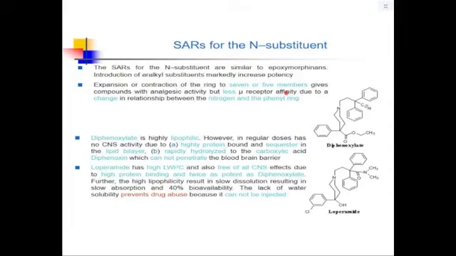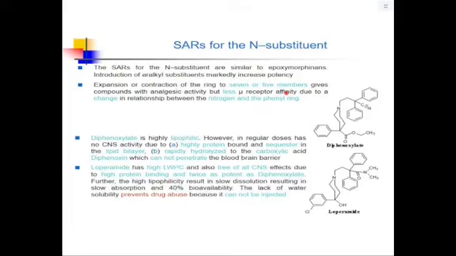And again, this is because, as we mentioned, there is a relationship between the terminal nitrogen and the phenyl ring, because these are groups. Remember, the phenyl ring binds the receptor through hydrophobic interactions. The terminal nitrogen binds the receptor through ionic bonding.